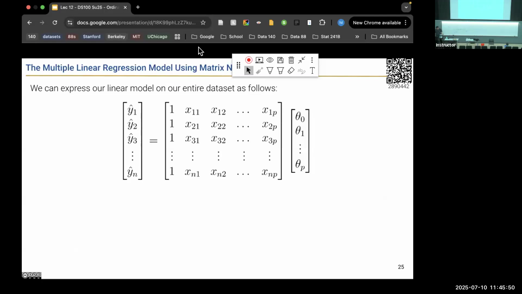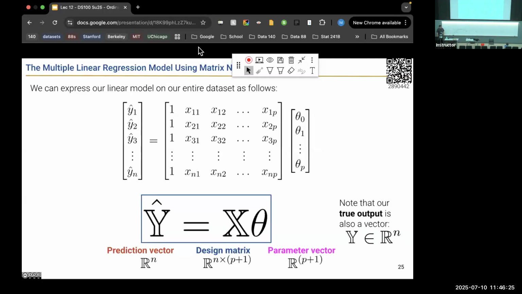And because now we have a matrix, we can name it. We usually name it X, and because it's a matrix, it's bolded. Then we name this vector of all y hats in bolded form. This is theta. That's just the convention that this class has chosen.